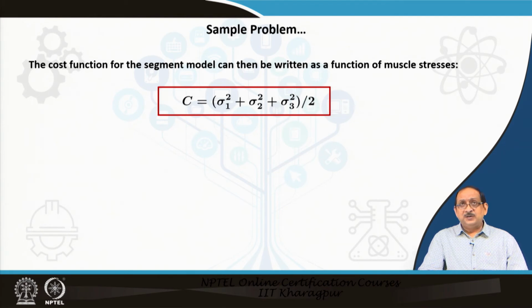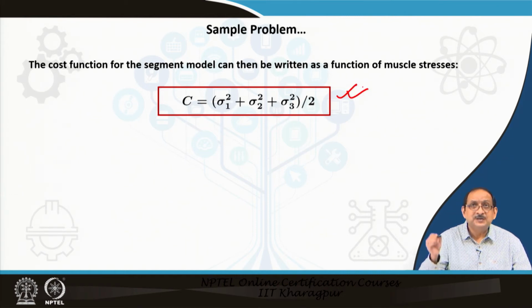Now, the cost function for the segment model can be written as a function of muscle stresses. It is actually written as 1/2 of the sum of the squares of the muscle stresses as presented in this slide.